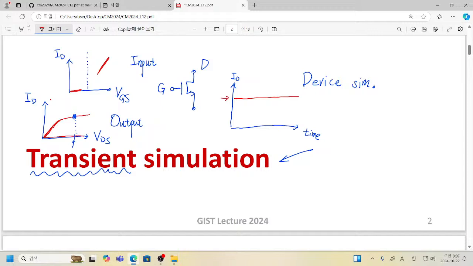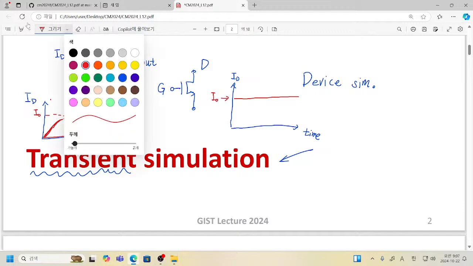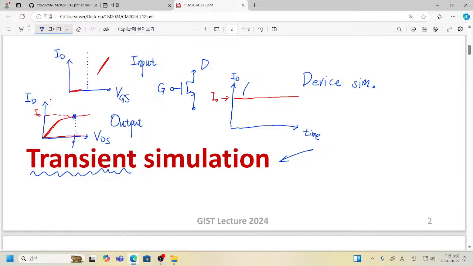This level of course corresponds to this level, so let's call it I naught, and here I naught. We assume that we have waited sufficiently long, so the initial phase is now over. After that we just measure this drain current ID for a sufficiently long time.